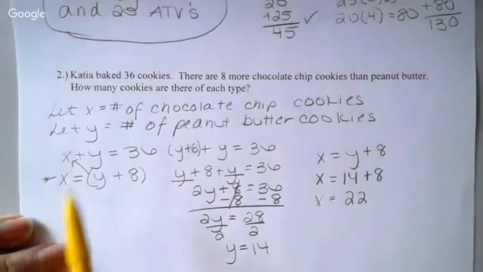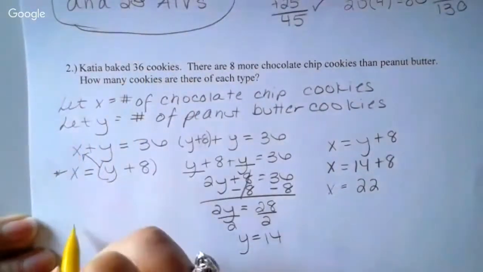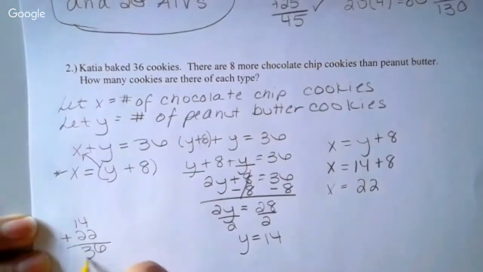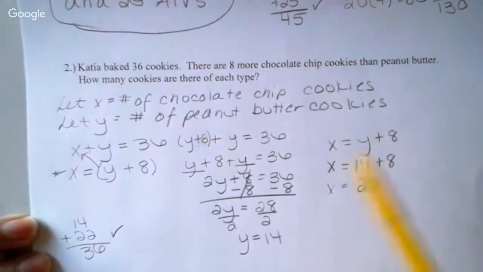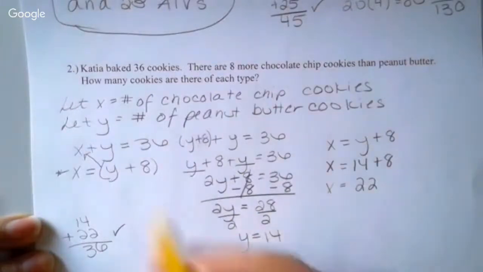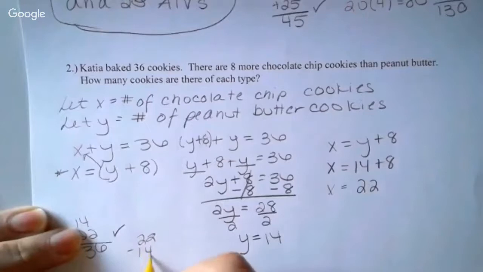So I just want to make sure I double check using the quick way of checking. 36 should be the total. So if I have 14 and 22, that's 36, that works. And it says there's 8 more chocolate chip than peanut butter. So I want to make sure my chocolate chip number is more. 22 is more than 14. And then I want to make sure the difference between them is actually 8.